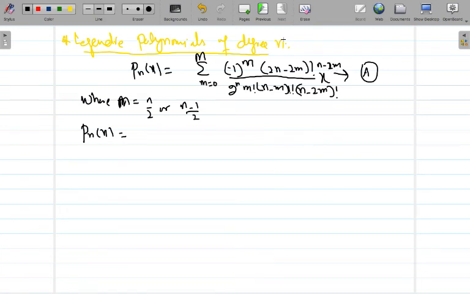We will simplify this summation for m is equal to 0, 1, 2, 3, and so on.